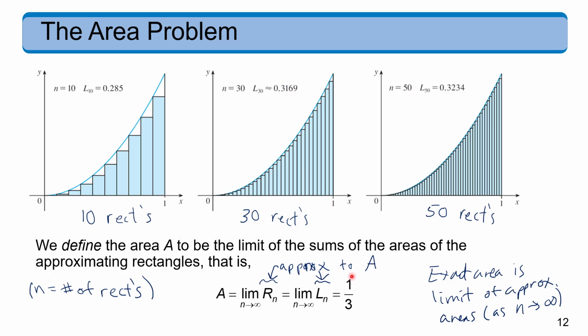Now here we say it equals 1/3. Now where did that come from? If you look back at the previous slide, or 2 slides back, we had a table where we were using different numbers of rectangles. So the first row had 10 rectangles, and then we kept increasing the number of rectangles.